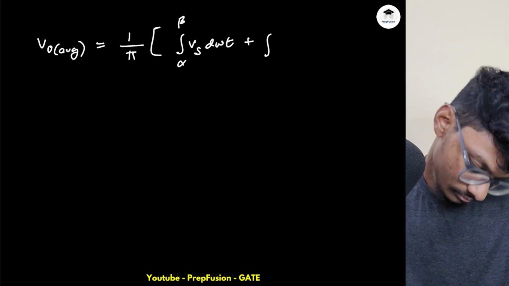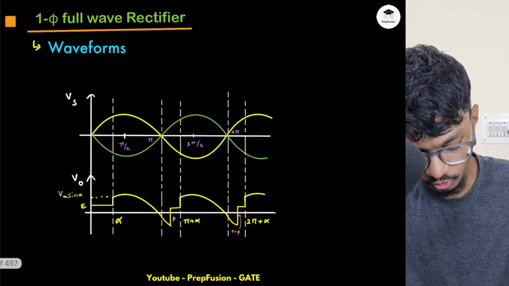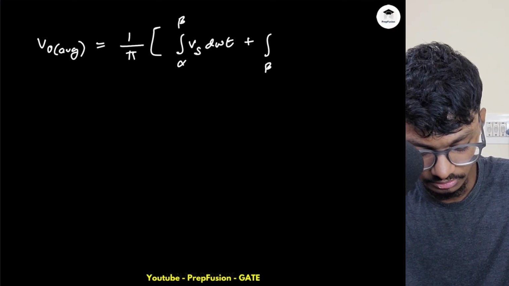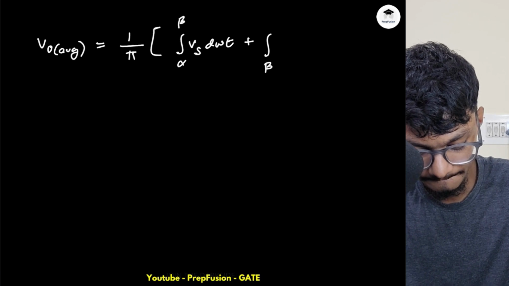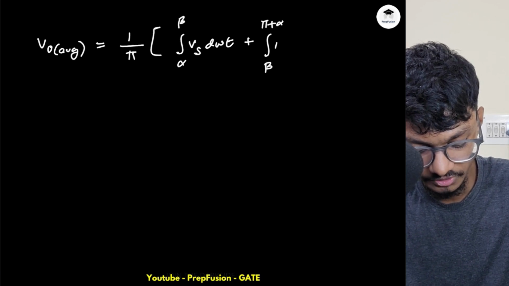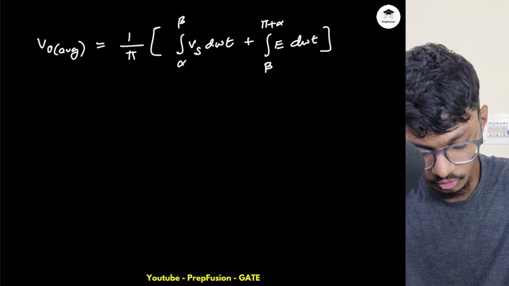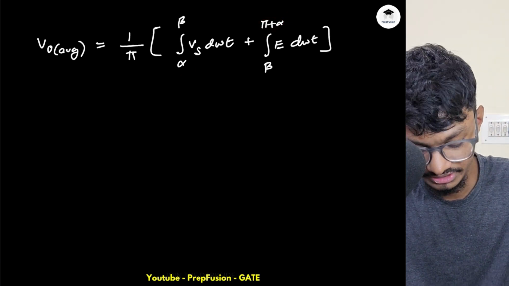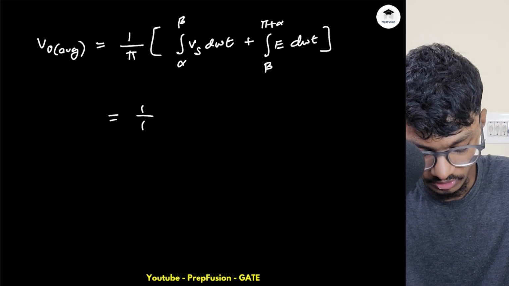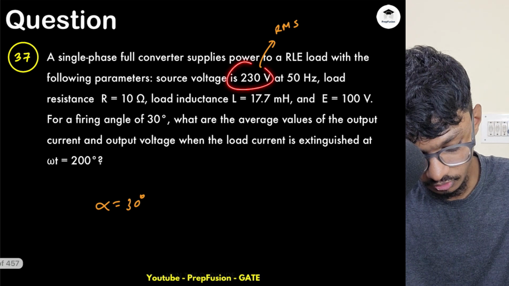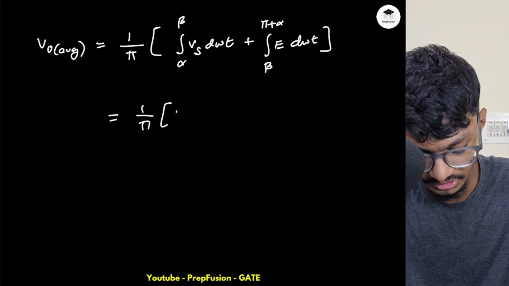From beta to pi plus alpha, it will be simply E, d omega t. So this is throughout the cycle from alpha to pi plus alpha. This is what is happening, right? So 1 by pi, what is Vm? Vm is 230 root 2, which is 325.